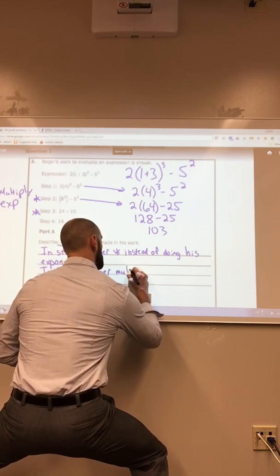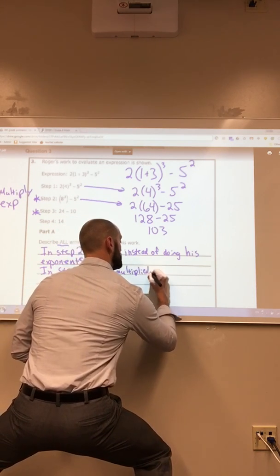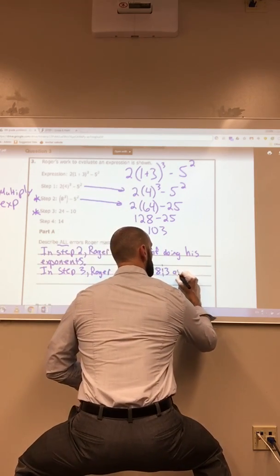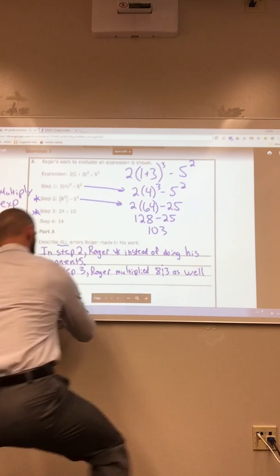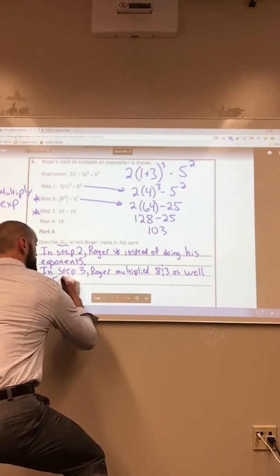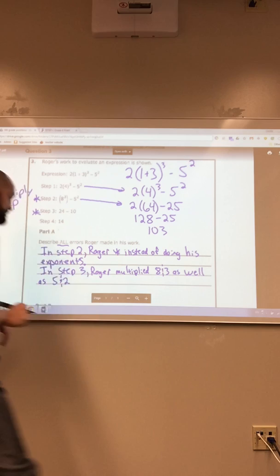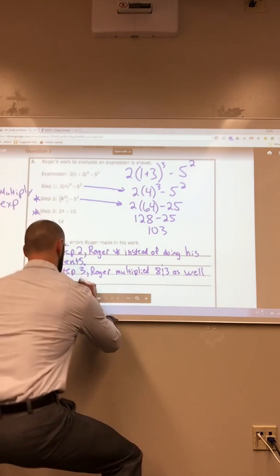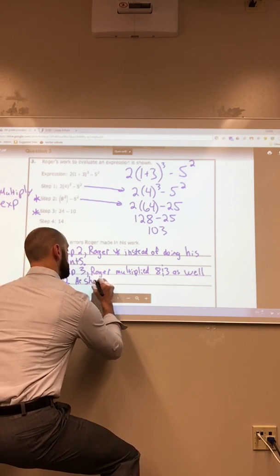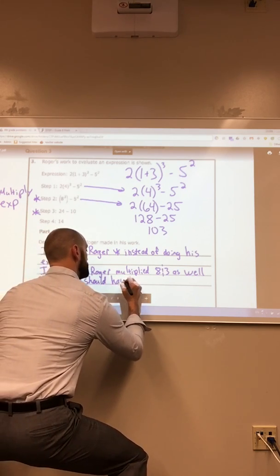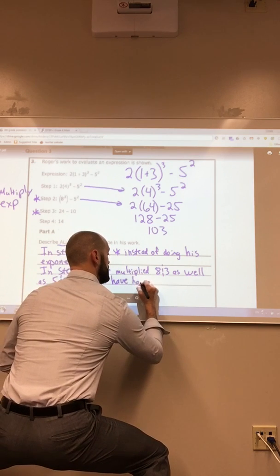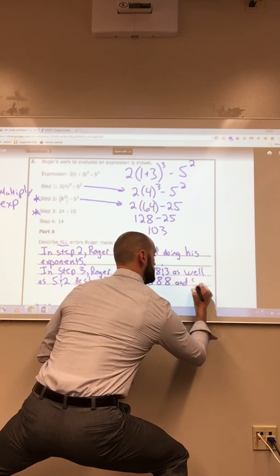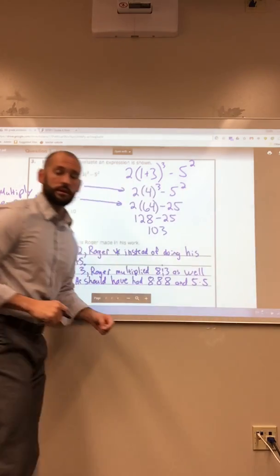Roger multiplied 8 and 3 as well as 5 and 2. Now, I just said what he did wrong. He should have had 8 times 8 times 8 and 5 times 5.